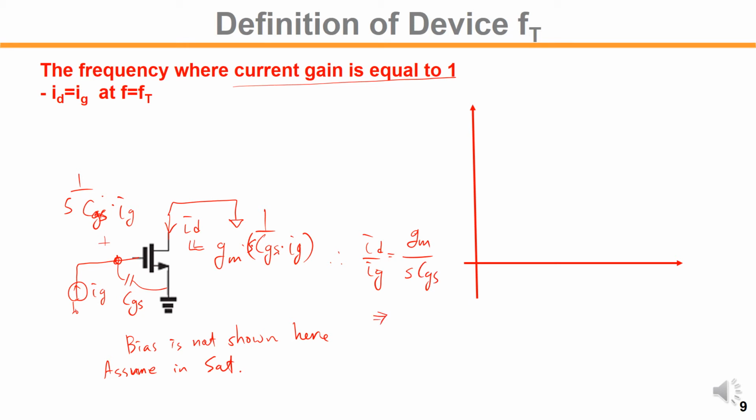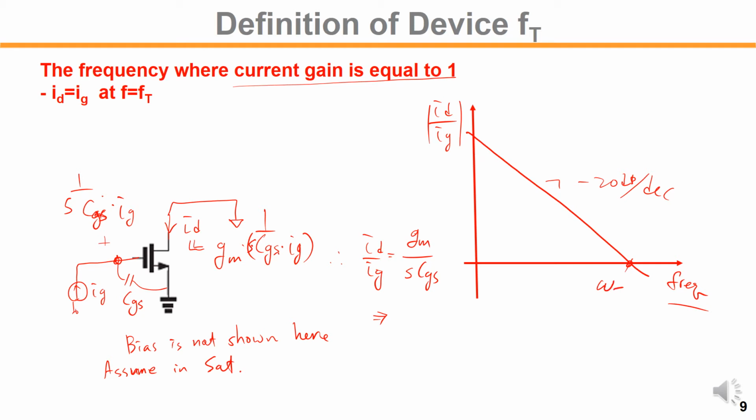So this is the frequency response of ID over IG versus frequency. You will see a straight line. This is just a 20 dB per decade slope, and the frequency where the current gain equals 1 is what?